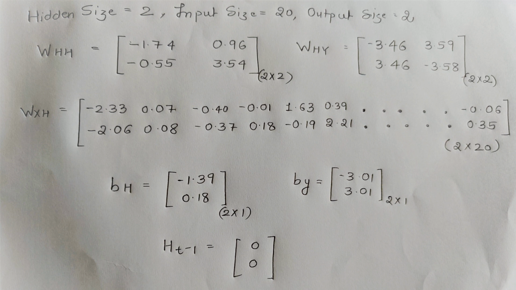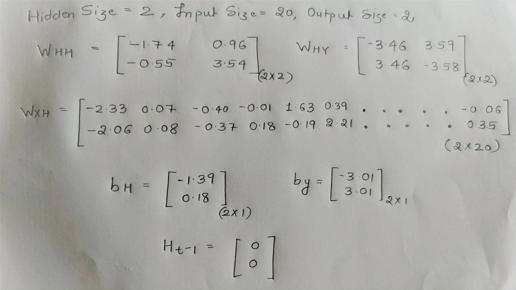The first matrix that you see here is WHH. It is a 2 cross 2 matrix and it is the connection between the previous hidden state and the current hidden state. The next matrix is WHY, which is again a 2 cross 2 matrix. The third matrix is WXH. Given my input size contains 20 unique words, my WXH is a 2 cross 20 matrix, so it consists of 2 rows and 20 columns.